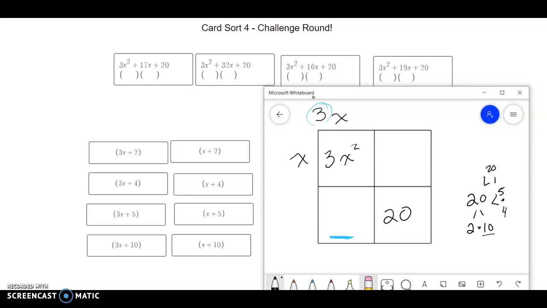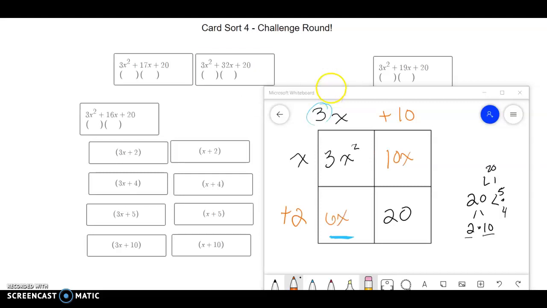Well, 3 times 10 would give me 30. That'd be too large. 3 times 2 could give me 6, but 6 plus 10 doesn't give me 17. But that definitely does give me this middle one here. So I could definitely figure out the middle one. So plus 2 plus 10. So it'd be 10x, 6x. Would actually give me this answer right here.